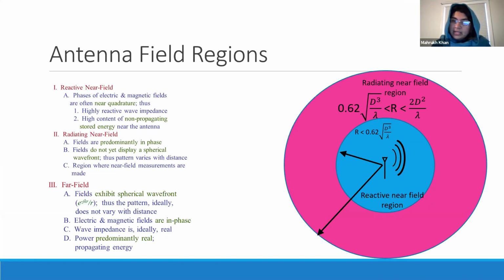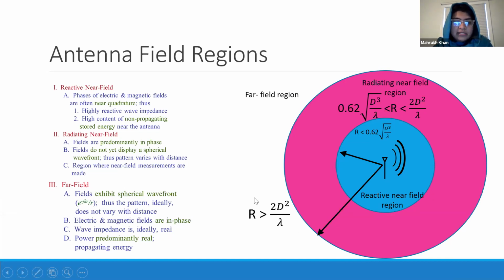The measurements we normally take are in the far field region, because an antenna is designed to operate in the far field region. The far field region is when your distance R is greater than 2D squared over lambda, where D is the dimension of the antenna and lambda is the wavelength.